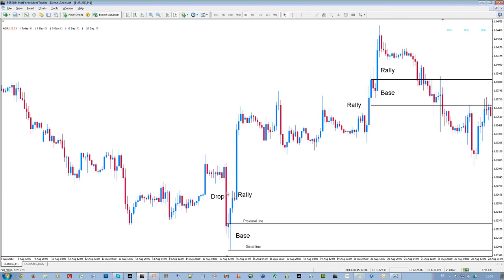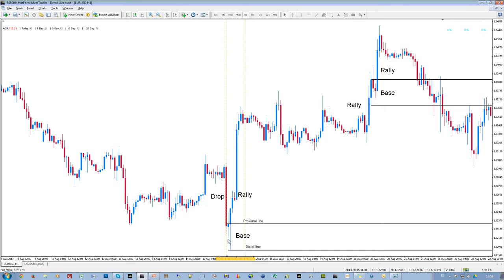This is the euro-dollar. We have a first leg here. Let's draw some demand levels because now it's bullish, this area. So this is a drop, this is a base, and this is a rally. We draw a vertical line on the impulsion to the drop, and then we draw another vertical line where we have a candle which is not part of the base.